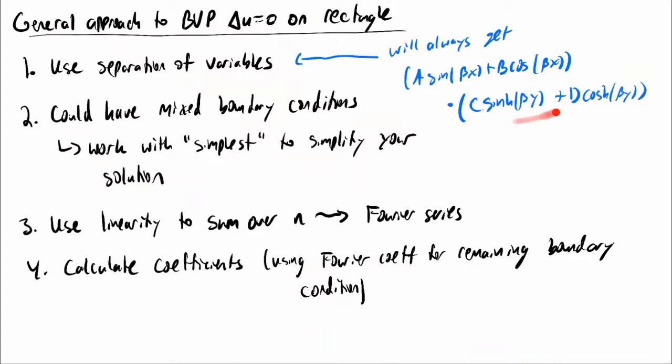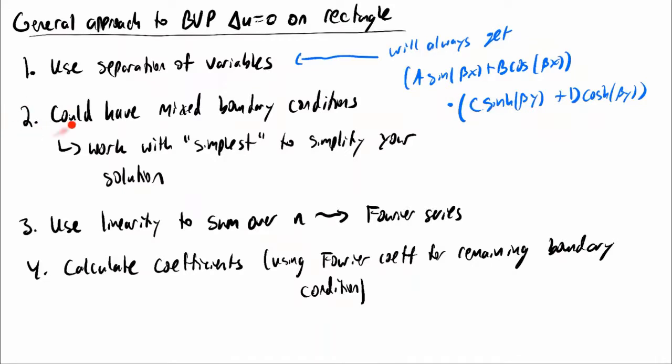Because to get to this point, this was our initial candidate before we tried to use the boundary conditions and before we tried to sum over n. Here we just use Laplace's equation, right? So you can always start at this point. You don't have to redo the first step because it's done in the lectures. You can just go back to the lecture notes or the book and check if you forget the formulas, but you can always start here.